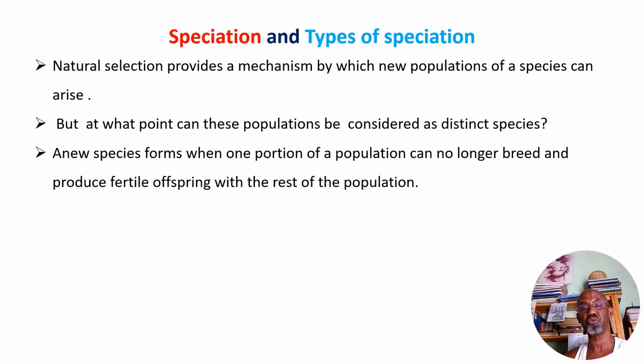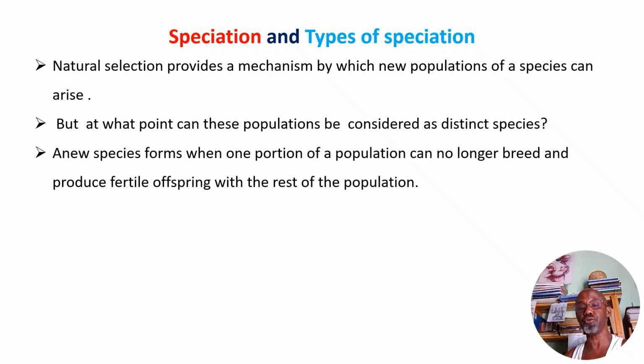A new species forms when one portion of a population can no longer breed and produce fertile offspring with the rest of the population. When a population undergoes evolution and changes into a new species, we consider it a distinct, separate species because it can't reproduce with the ancestral species.